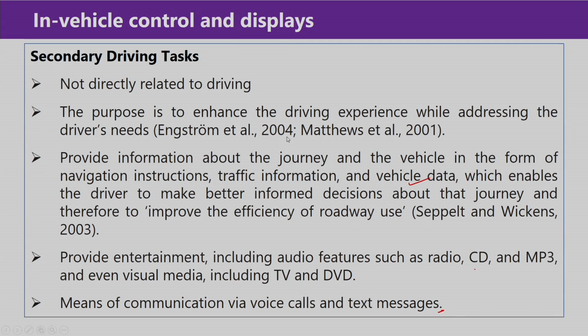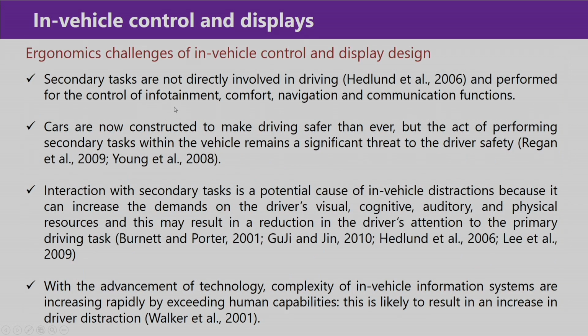For performing these in-vehicle primary tasks which are related to driving, or secondary tasks which are not directly related to driving, different types of controls and displays are present inside the vehicle. Now, what are the ergonomic challenges for in-vehicle control and display design?